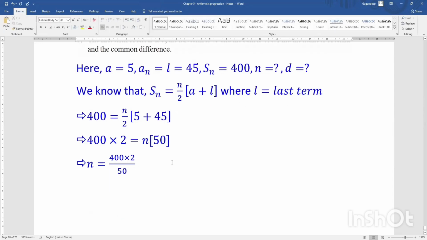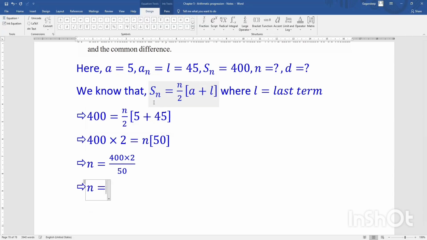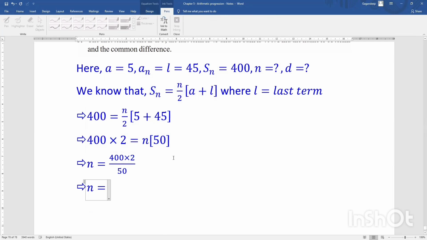Or we can do the cancellation here. 0 and 0 get cancelled. And then we have 5 eights are 40, so we get 8 twos are 16.